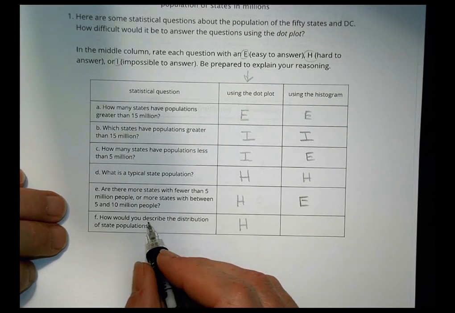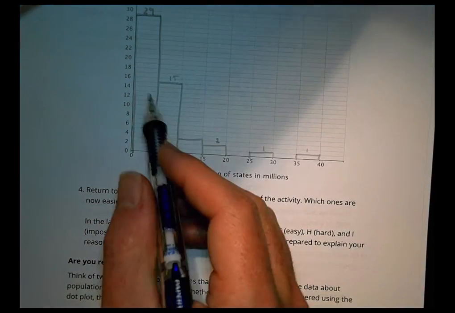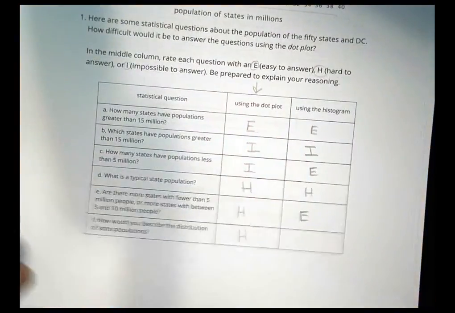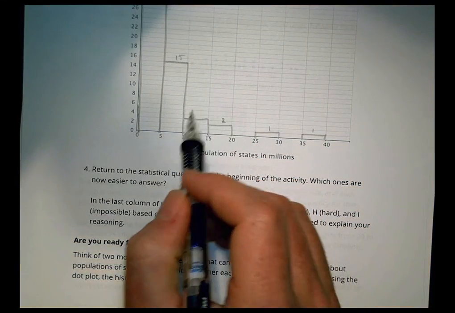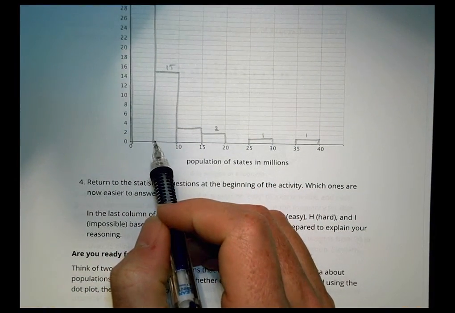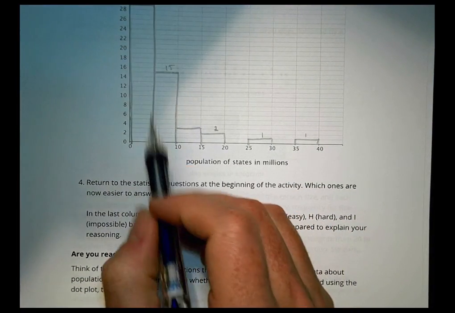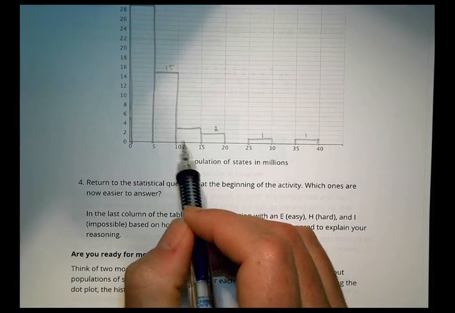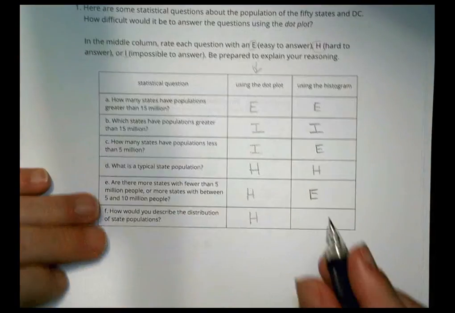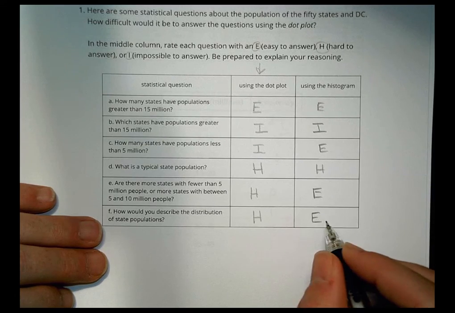And how would you describe the distribution of states? Well, we could describe it, not great, too much clustered here, but again, it's easier. We could definitely say that there are more states that have a small population than large states. They're pretty close together over here, so most are between 0 and 10. So it's a little easier to describe the distribution using the histogram, just easier to see.